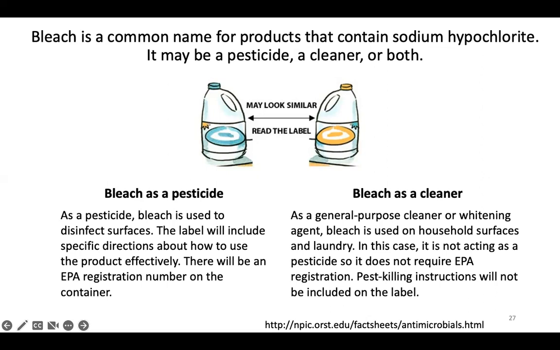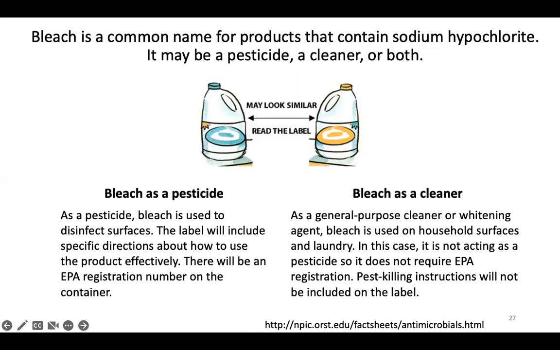In this case, bleach is not acting as a pesticide, so it does not require EPA registration. You won't find an EPA registration number on your laundry bleach, and the pest killing instructions will not be included on those labels.